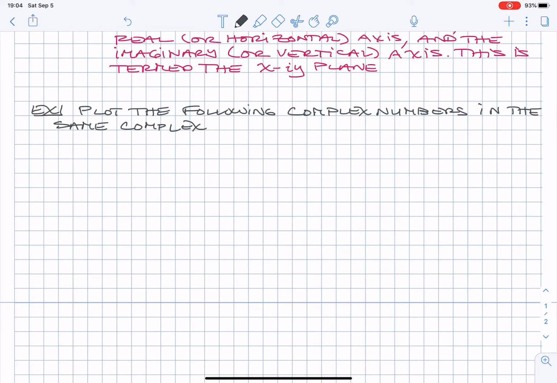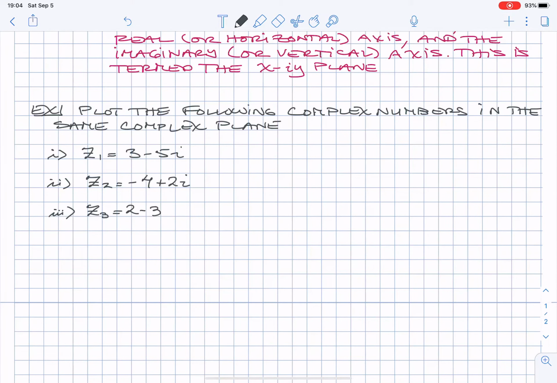Little vampires. Okay, so number one, let's say we have that z sub 1 is 3 minus 5i. The second number to plot, let's have z sub 2 be negative 4 plus 2i. Last but not least, number 3. Third time's a charm. z sub 3 is 2 minus 3i.